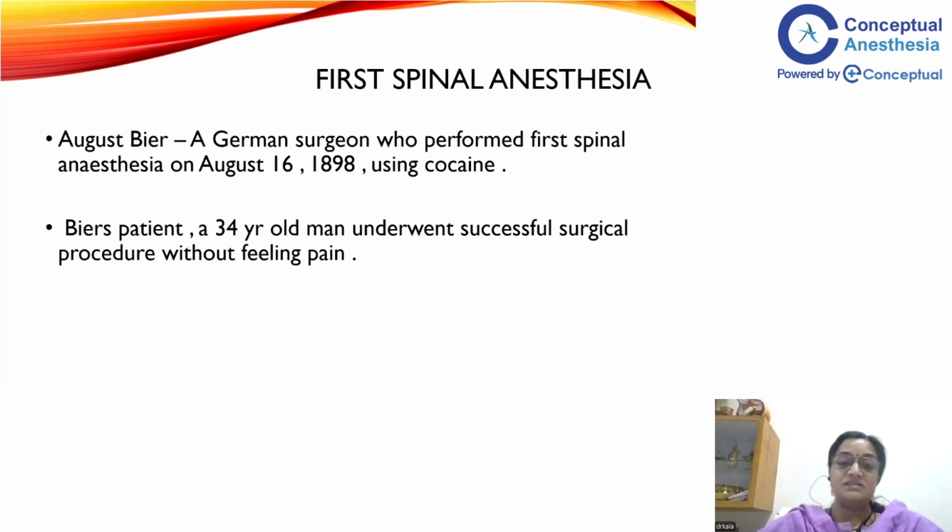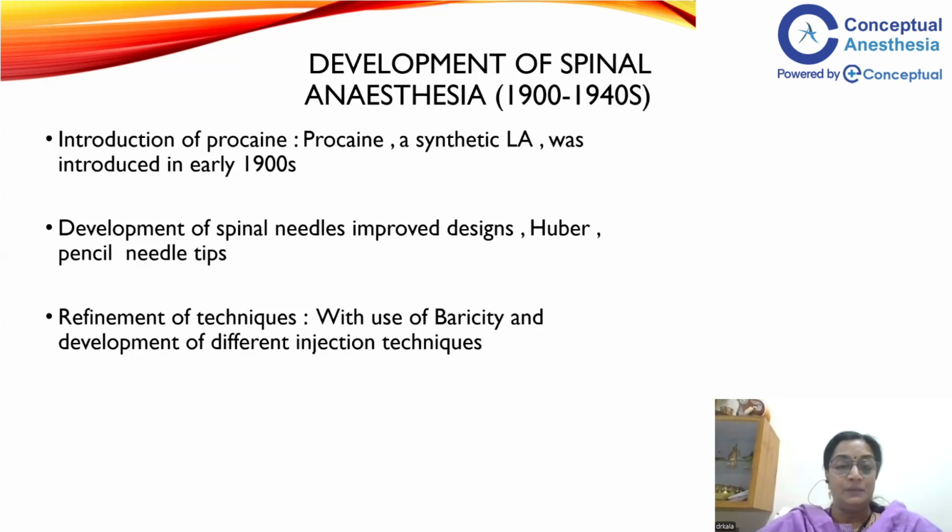The first spinal anesthesia, though, was given by August Bier, a German surgeon, who performed it on August 16th, 1898, using cocaine. Bier's patient was a 34-year-old man who underwent a successful surgical procedure without feeling any pain.